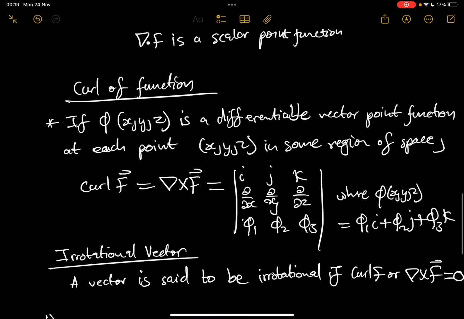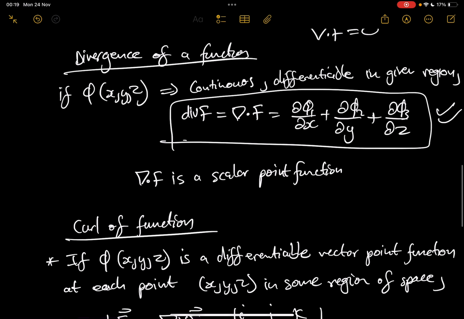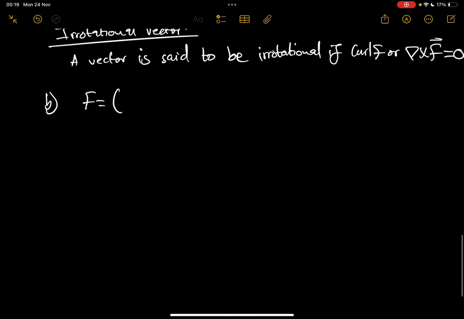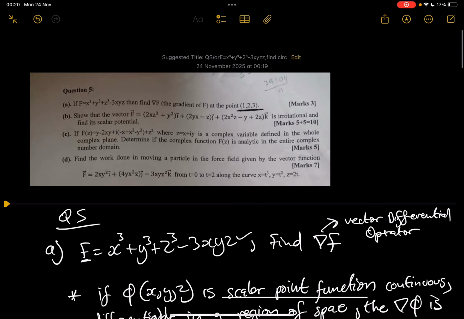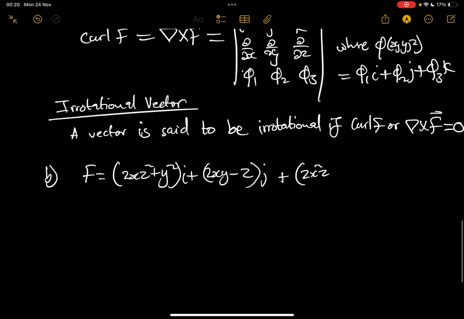Looking at the vector, we are given that F is equal to (2xz squared plus y squared) i, plus (2xy minus z) j, plus (2x squared z minus y plus 2x) k.